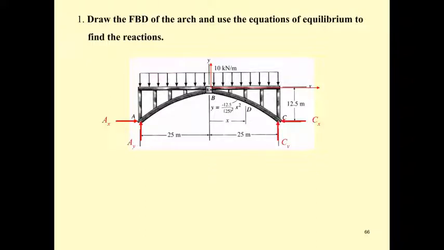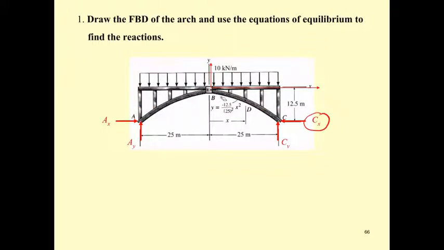And like I mentioned, the C sub x for this always points into this, because the arch is going to try to move outward. When you press it down, it's trying to move this way, and that's why the reaction is going to be in the opposite direction. Okay, let me erase this.